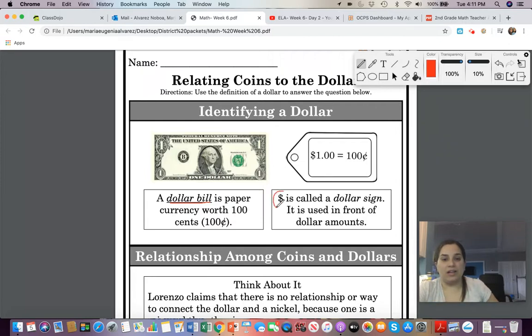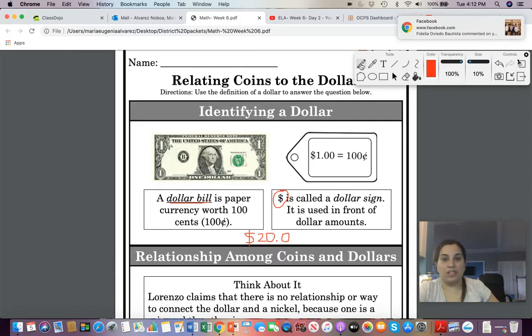This right here is called a dollar sign. It is used in front of dollar amounts. So if I said a Barbie doll can cost me $20, I make the dollar sign right here. That's how you'll see it when a price is listed. I'm going to see $20, and this is a period to separate the dollars and the cents.